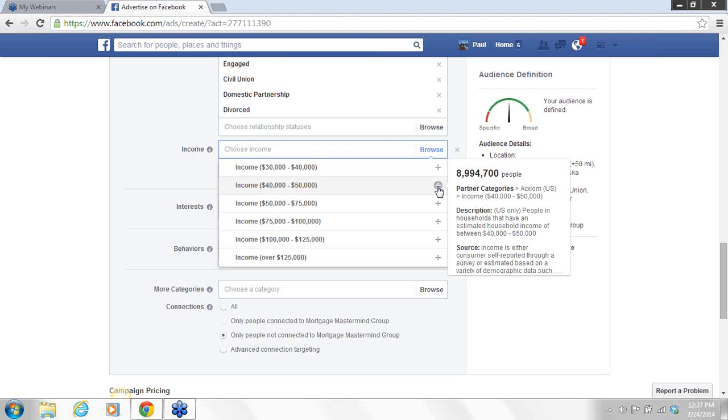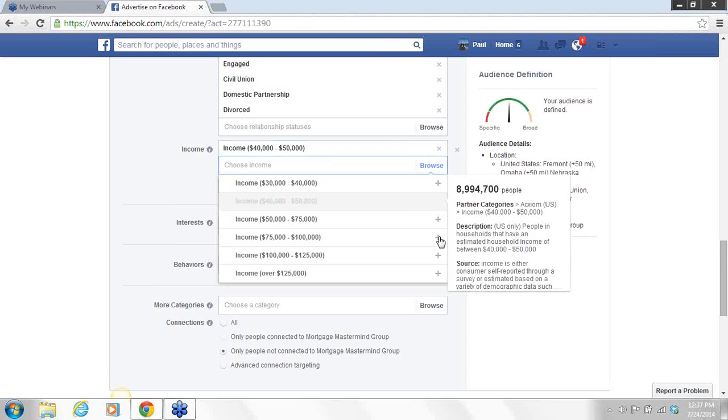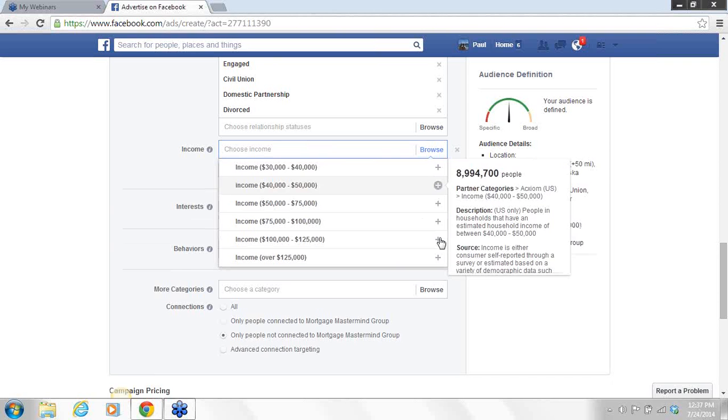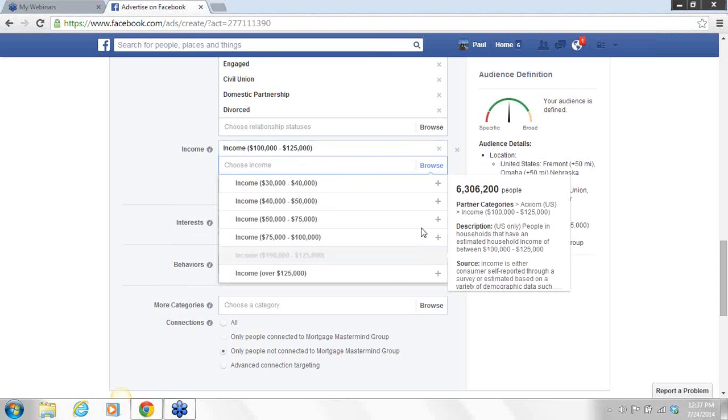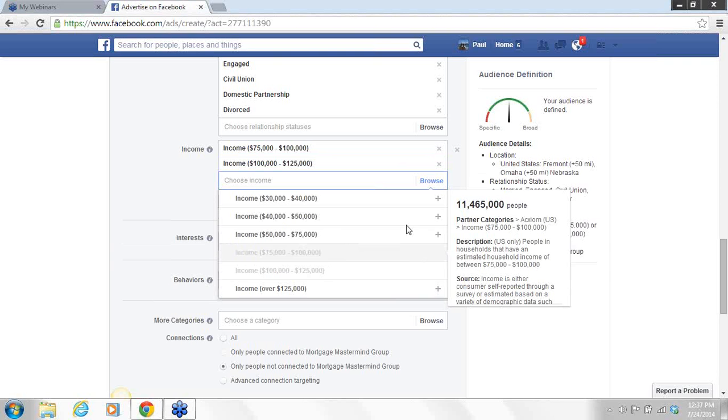So you can choose the different income criteria, and yes, I can add multiple income criteria. Oh, the button's not working so good.